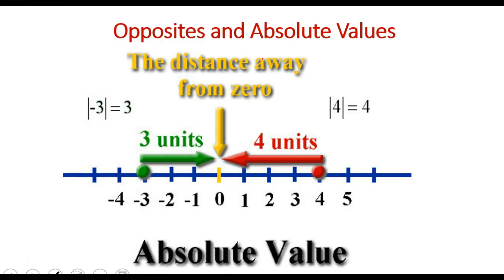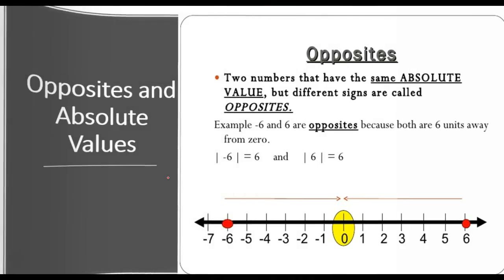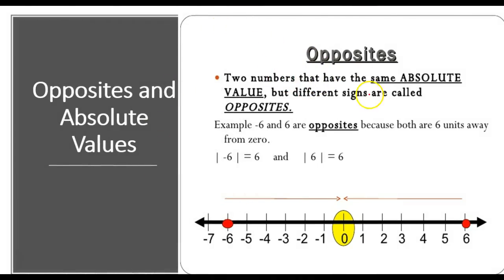Okay, opposites and absolute values. Well, absolute value is the distance a number is away from 0. So the absolute value of 4 is 4 because 4 is 4 units away from 0. The absolute value of negative 3 is 3 because it's 3 units away from 0. Absolute value is always a distance, a length, so it's always positive. And opposites are two numbers that have the same absolute value.